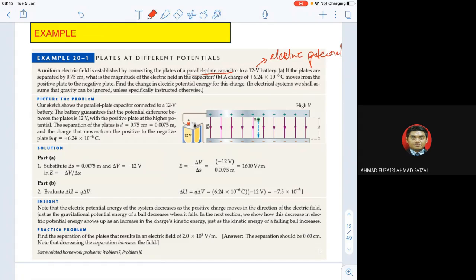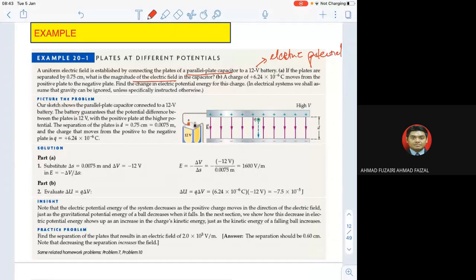Remember, underline these words: magnitude of the electric field. They want to know about the electric field. Remember, we learned electric field in the first chapter, but right now electric field also appears in this part, because we use a lot of electric field when we want to consider electric potential.